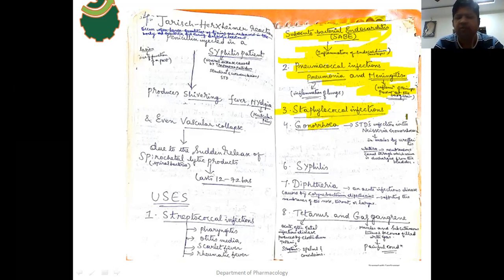Strep throat causes severe damage to your throat as well as your digestive system. Even in gonorrhea, which is also an STD, a sexually transmitted disease, Neisseria gonorrhoeae causes gonorrhea, and in males it causes urethritis, inflammation of the urethra.